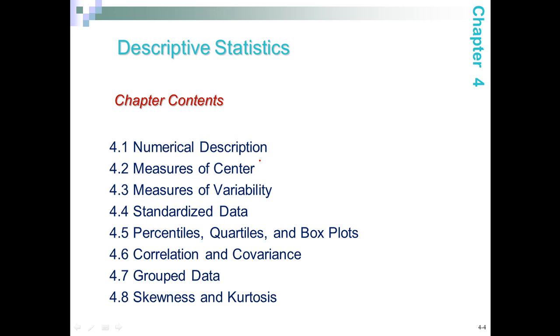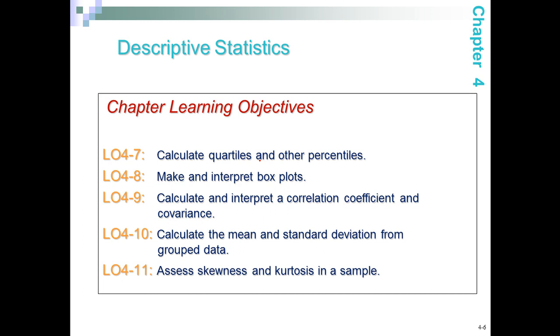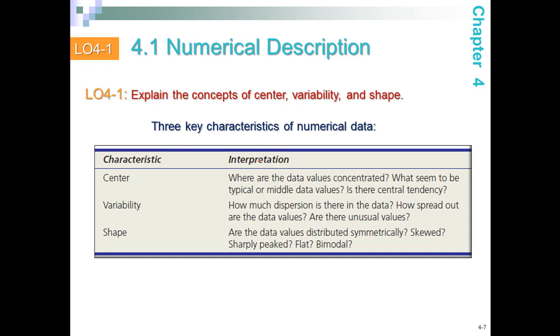So we have a numerical description, measures of center, measures of variability, standardized data, percentiles, quartiles, box plots, etc., correlation and covariance, grouped data, and skewness and kurtosis. So here are the learning objectives for Chapter 4, and let's go ahead and jump right in with numerical descriptions.